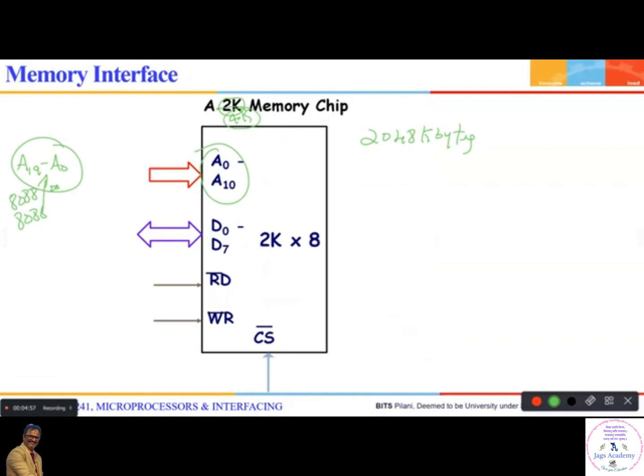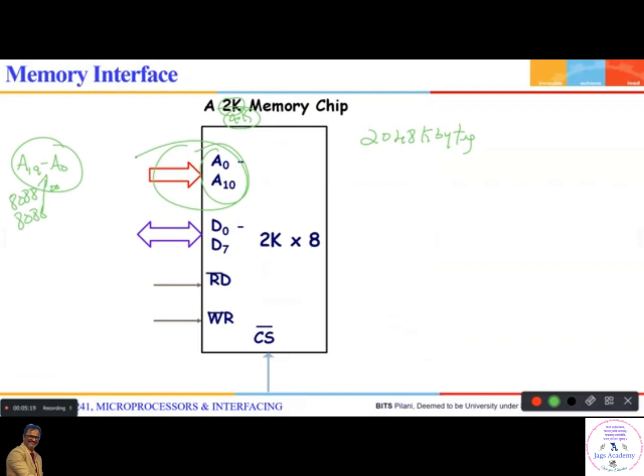For 8K, 13 address lines. Hope all of you remember this. I am spending more time on this because you should know exactly what it is. This is one of the important factors of your memory.